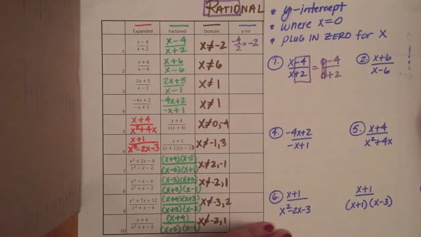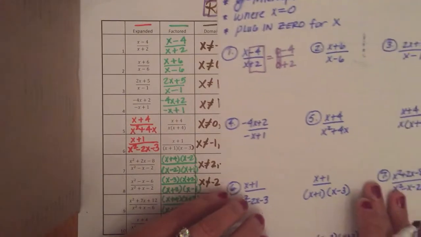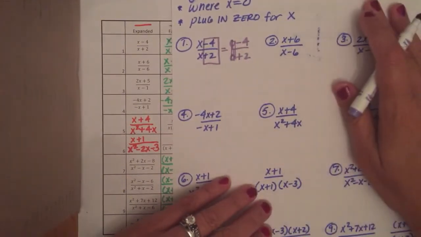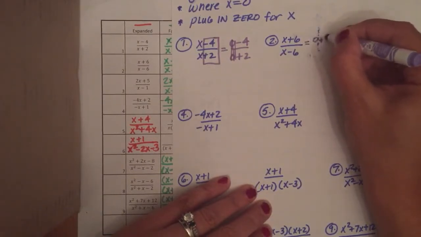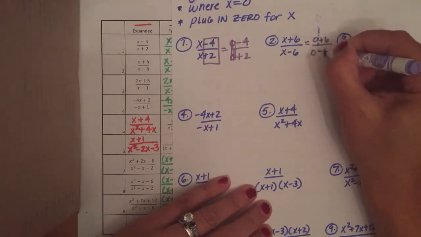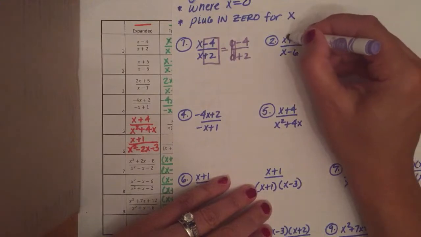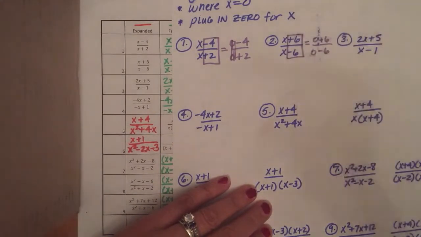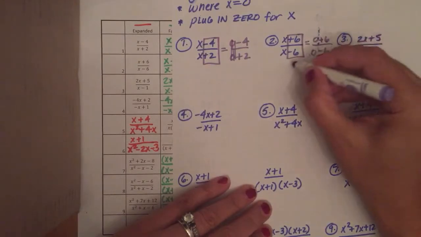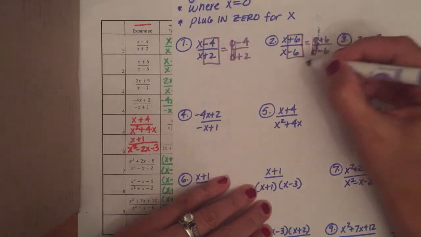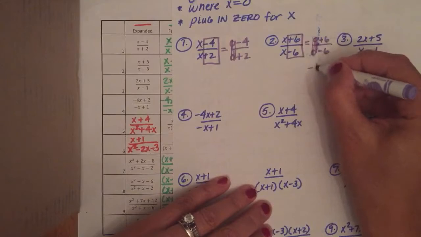That's my first y-intercept. So let's look at number 2. Number 2, if I were to plug in 0 for x, I would have 0 plus 6 on top, 0 minus 6 on the bottom. Remember I told you your shortcut is to look at the last two constants. So it would be 6 over -6, which is -1.